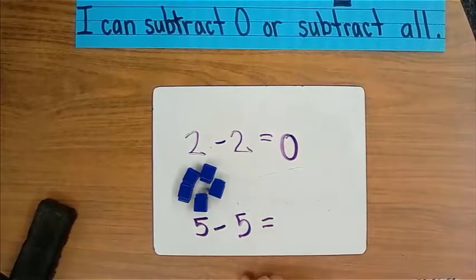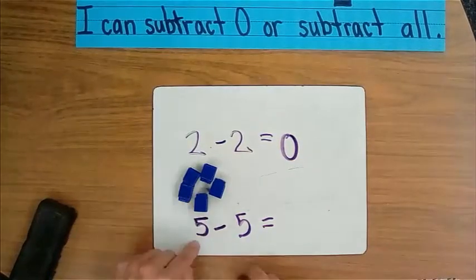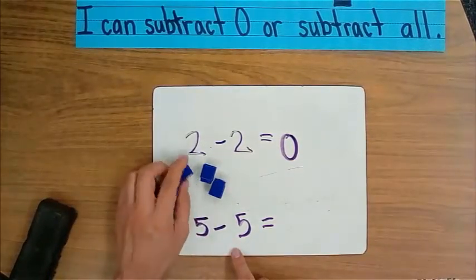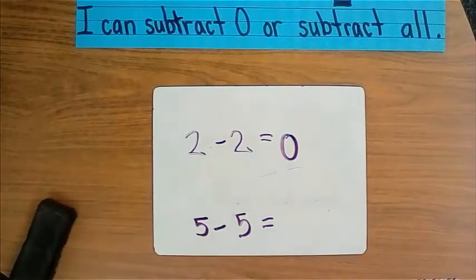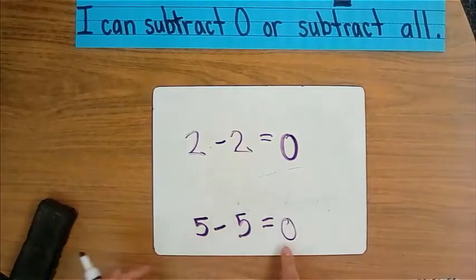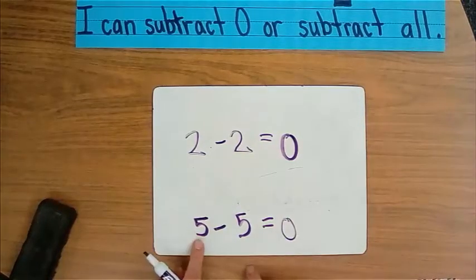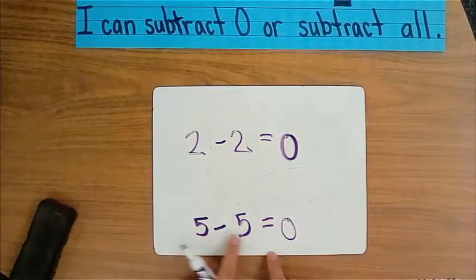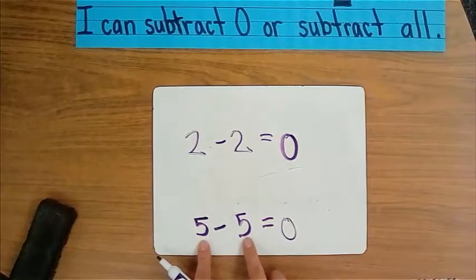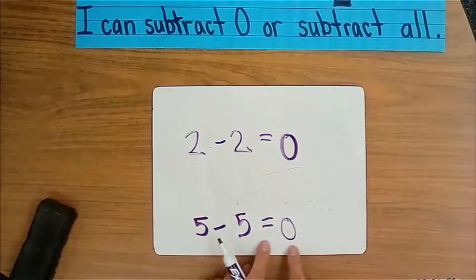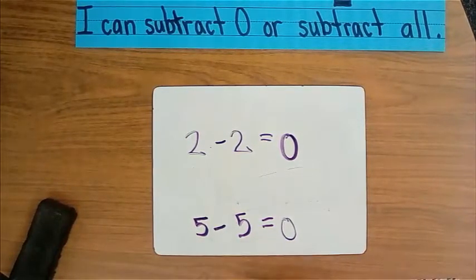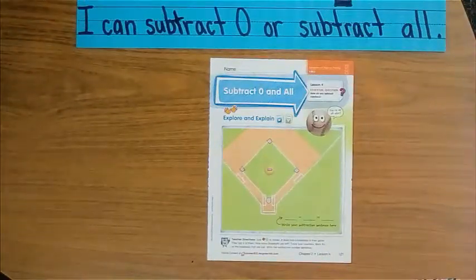Let me see if my prediction is correct. I have 5, take away 5. 1, 2, 3, 4, 5. I took away 5. So the answer is 0. So anytime I have a number and I take away the same number, the same amount, then I end up with 0.